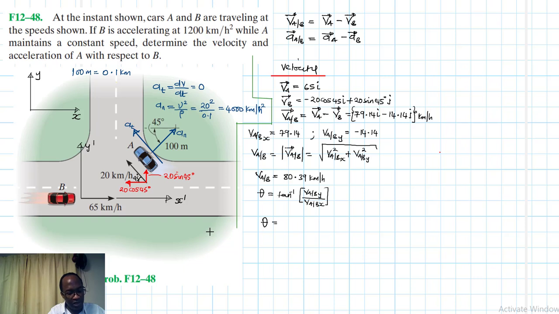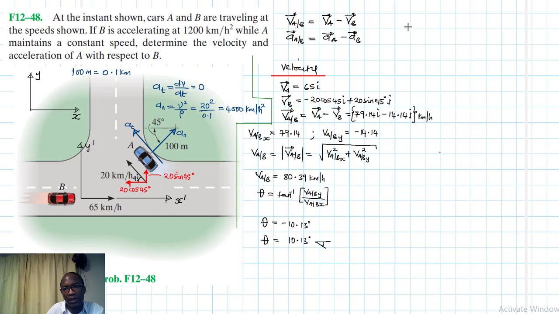Tan inverse of that, we get minus 10.13 degrees, which is just 10.13 degrees, and instead of indicating a minus, it is going down like so. So there we are, we found velocity.